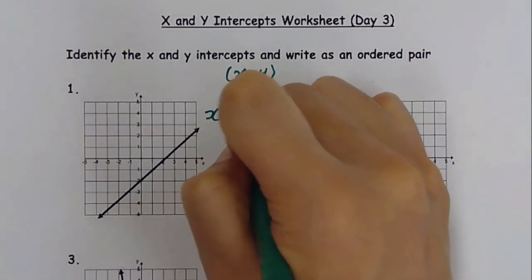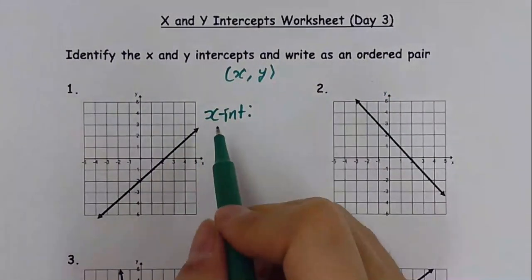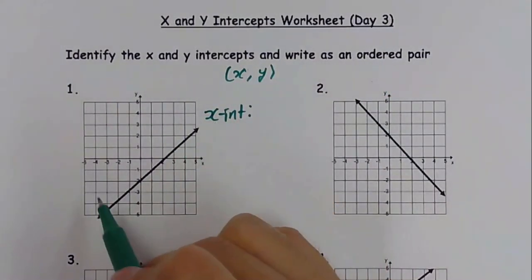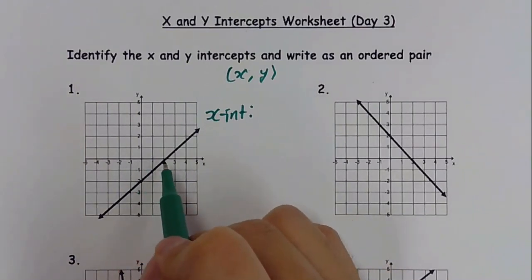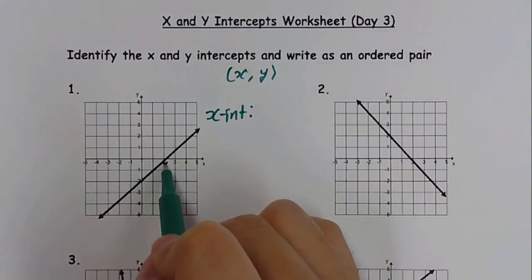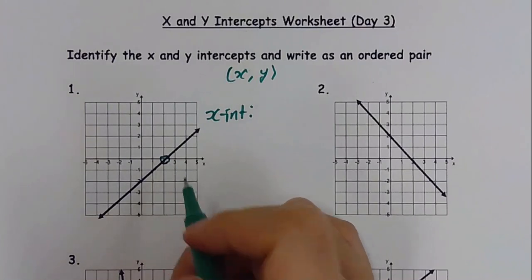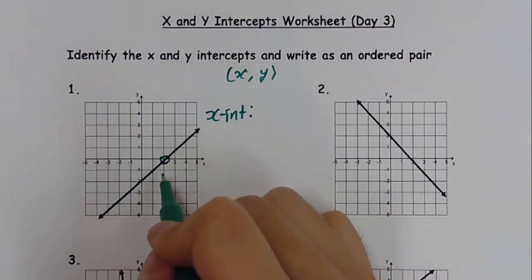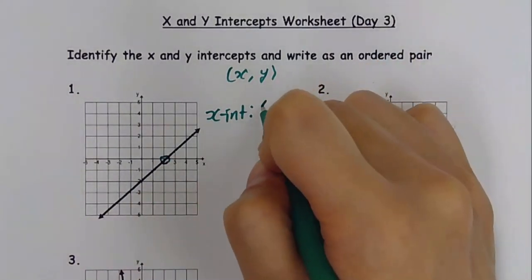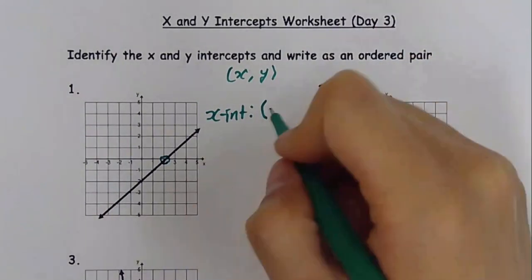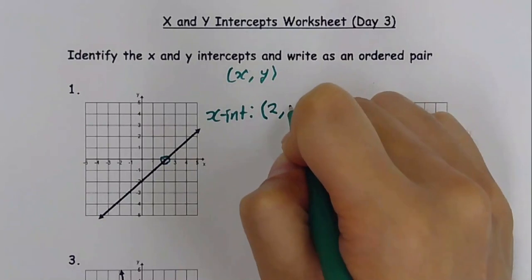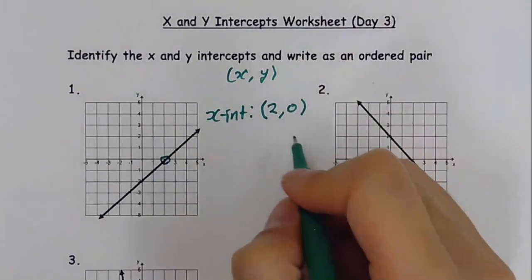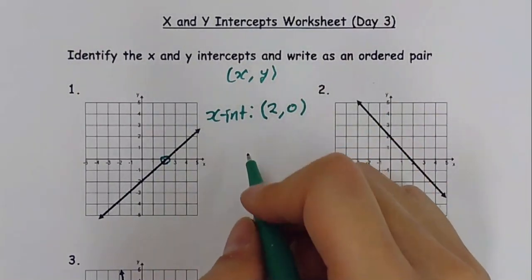The x-intercept is the point where this line meets the x-axis, which is over here. What would the coordinate of that point be? The x is at 2 and the y coordinate is 0. So the x-intercept is at the point 2, 0.